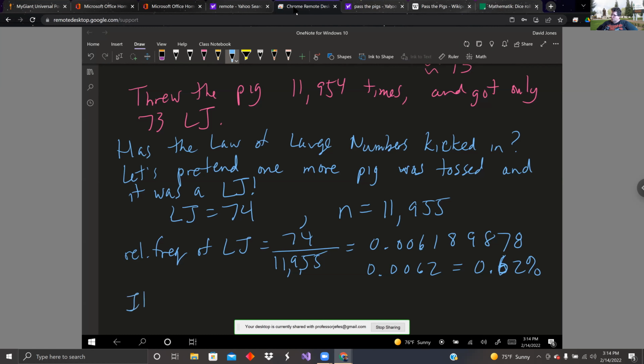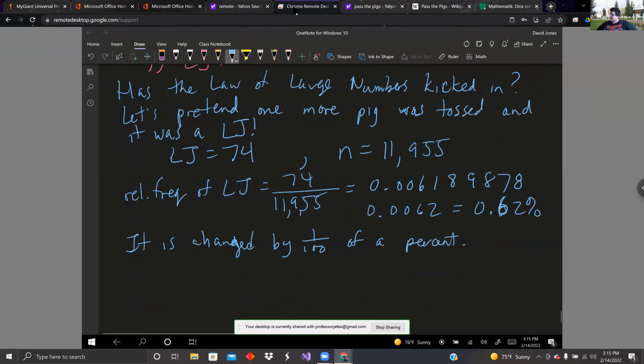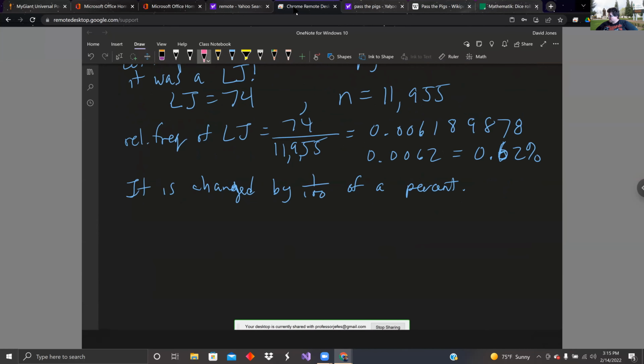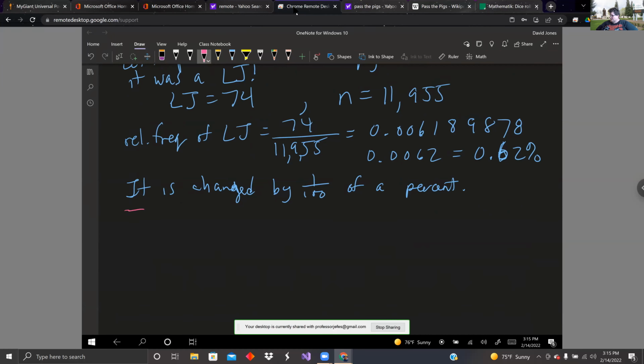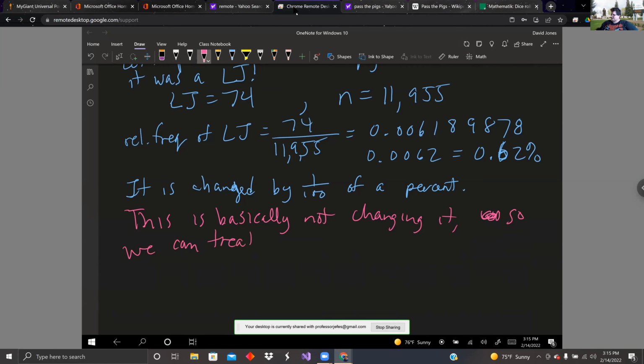It has changed by 1/100th of a percent. That hasn't changed it. That's effectively not changing it. So we can treat the relative frequencies calculated as the probabilities.